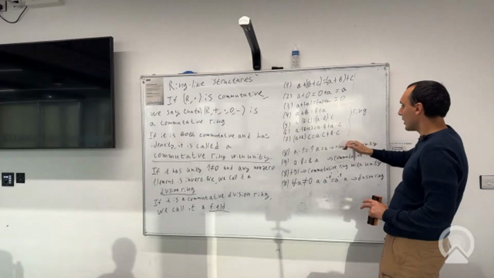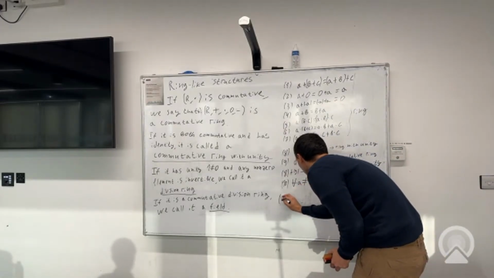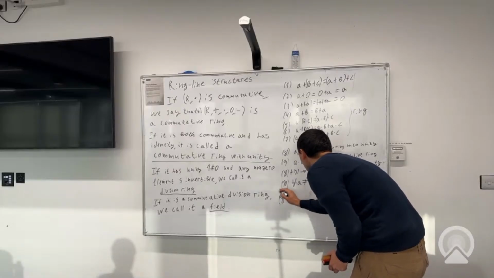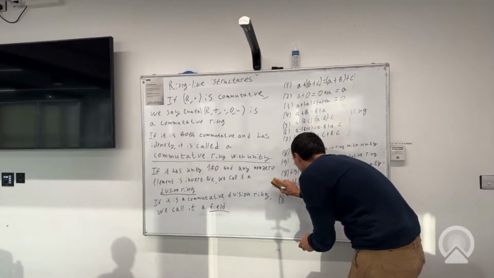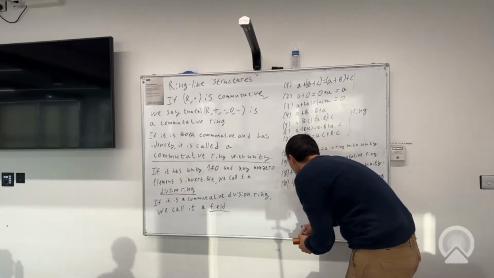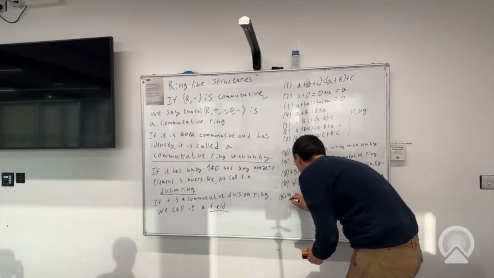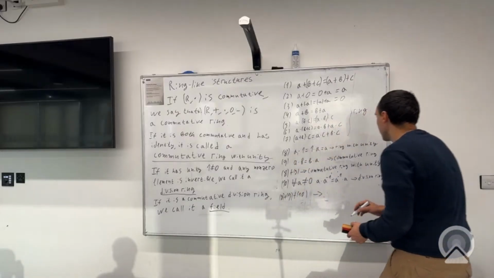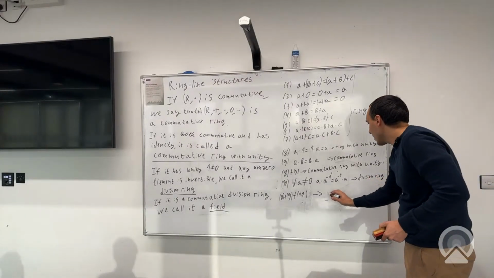This is the basic structure. And if we have 8 plus 10, we have a division ring. If we have 8 plus 9 plus 10, then we have a field.